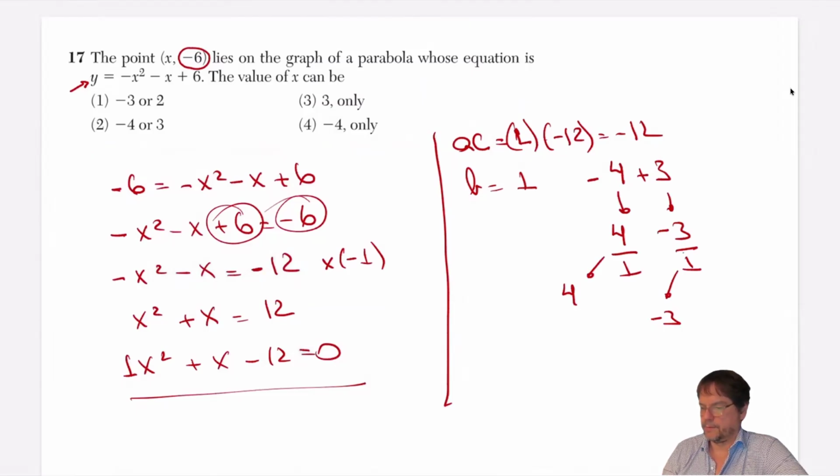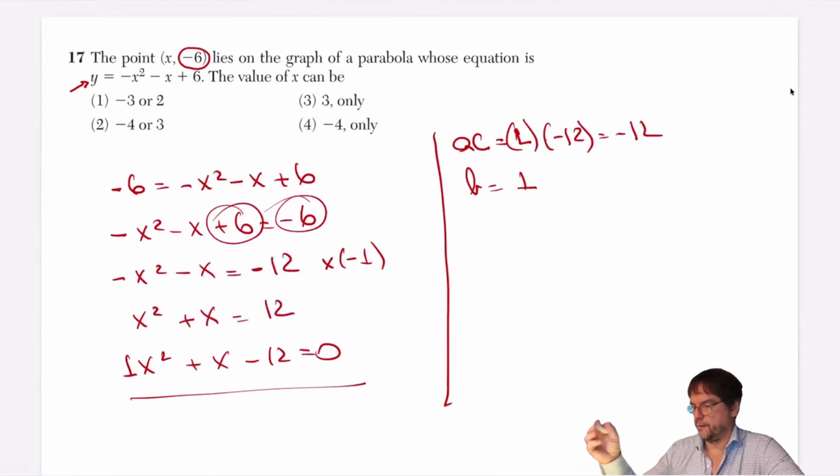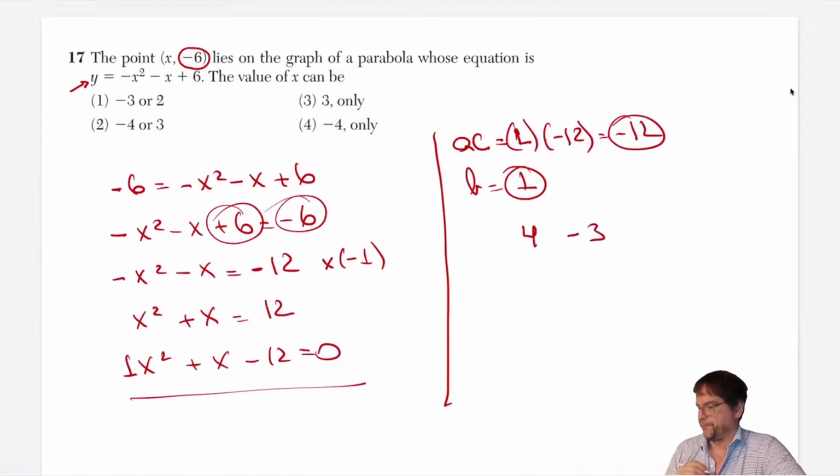Oh no, sorry. I made a mistake. It's the opposite. To get 1 and minus 12, Marcelo, is 4 and minus 3. Okay? Because 4 plus minus 3 is 1. 4 times minus 3 is minus 12. I will get the opposite and divide by a.